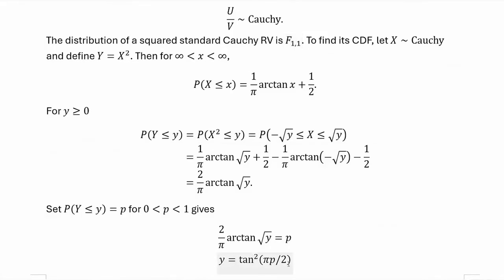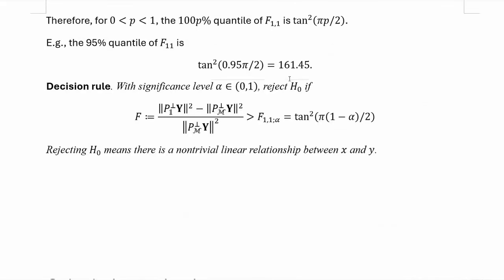Let's just plug in a number, say p equals 95%, because that's the most common value for hypothesis testing, and see what this value is. And it turns out that this critical value at 95% is quite large. It's 161.45.